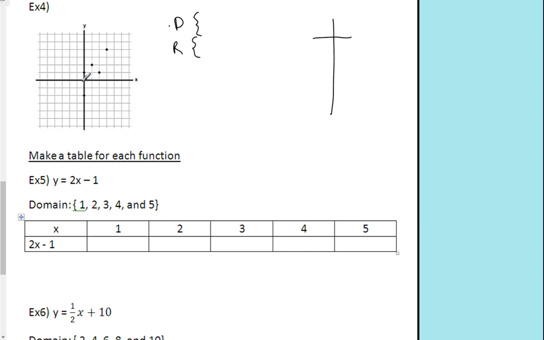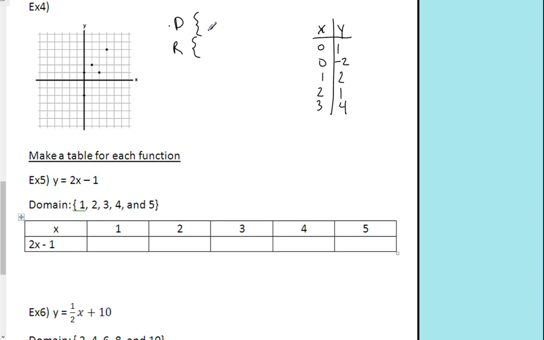All right, so what's my first value? 0, 1. So my x and my y, remember x and y are the same as input, output. So I have 0, 1 as a point, and I have 0, -2 as a point, and I have 1, 2 as a point, and then I have 2, 1 as a point, and I have 3, 4 as a point.